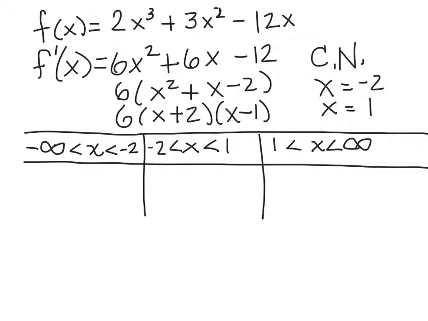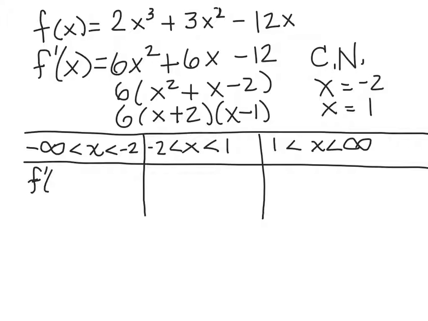So the first time we tried something like this, where we used critical numbers and we tested it, that was on a closed interval. On a closed interval, you would check it or test it in the regular function. But because this is an open interval, we're testing it in the derivative.